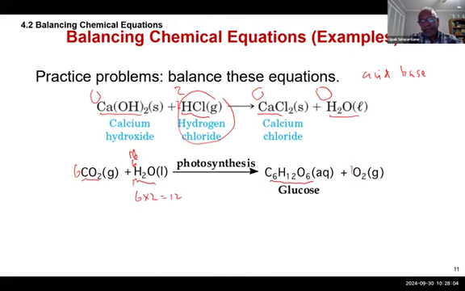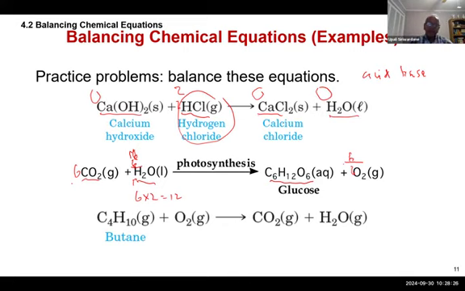That's 6. 6 times 2 is 12. 12 plus 6 is 18. So if you put a 6 here, 6 here, 6 here, that reaction is balanced.